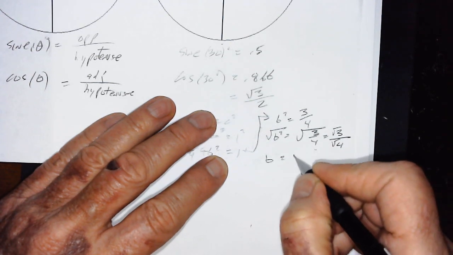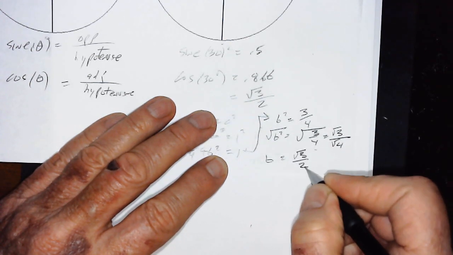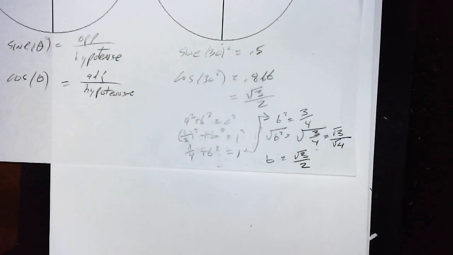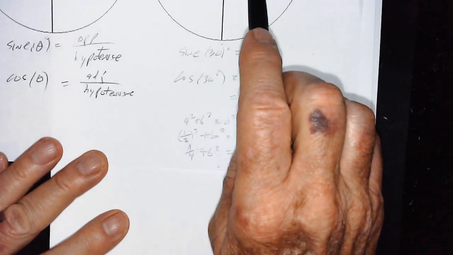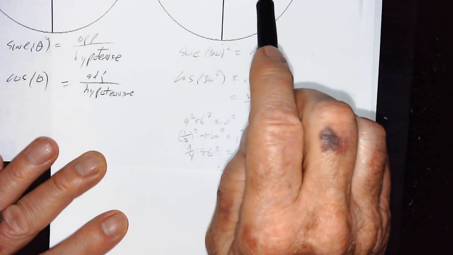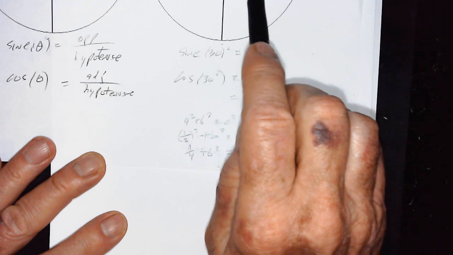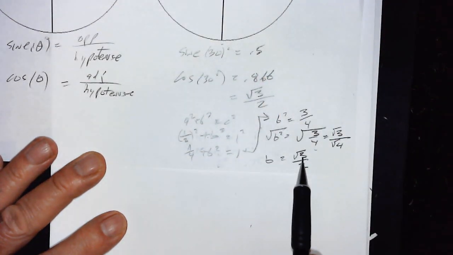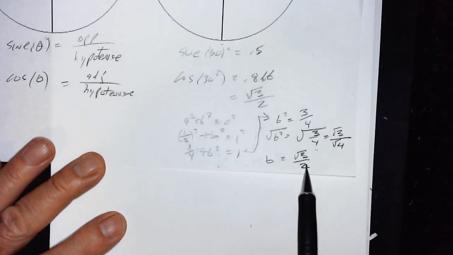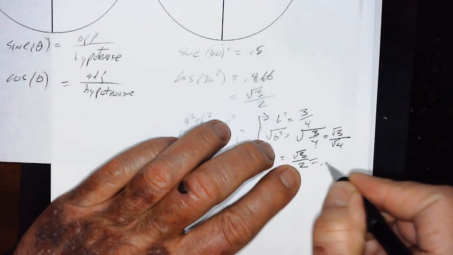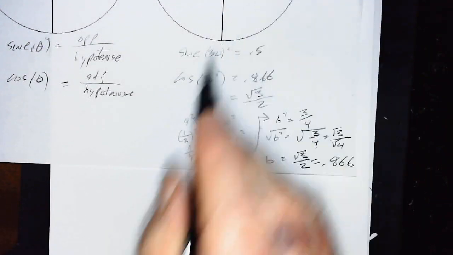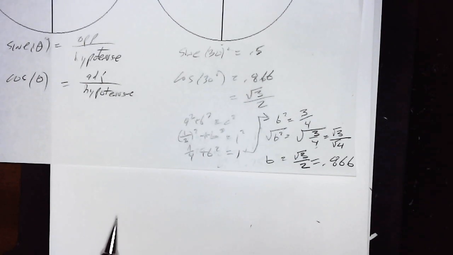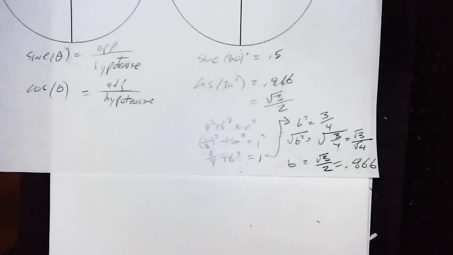I was just deriving, in case you're wondering, why this side in a 30-degree triangle is always equal to 0.866. Well, this side is the square root of 3 over 2, which if you do that in your calculator, that's what you get, 0.866. And the opposite side is 1/2. So, I think that'll sum that up.